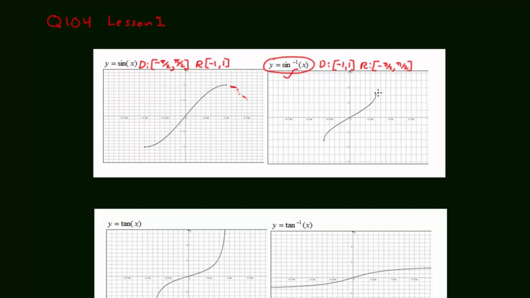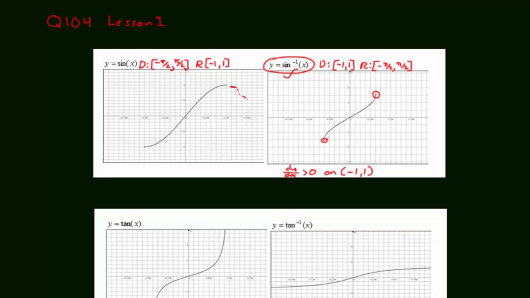The exceptions are going to be at these endpoints where the slope is actually approaching positive infinity. So underneath here, I want to write that dy/dx is greater than 0 on -1 to 1. And we can see that from the graph.